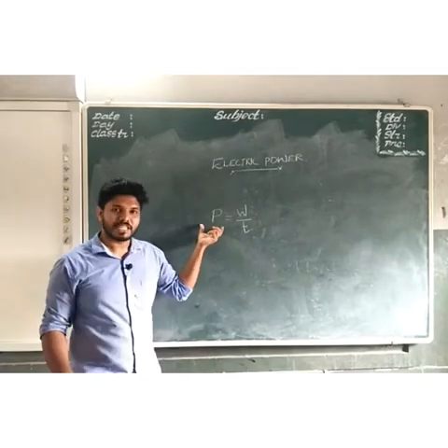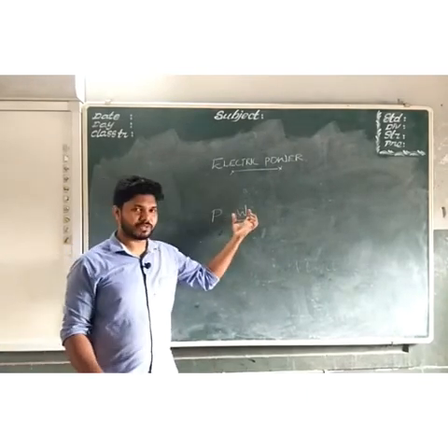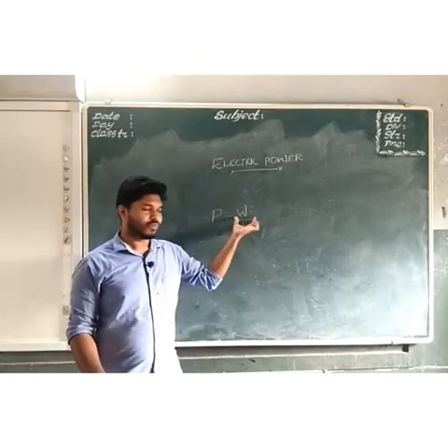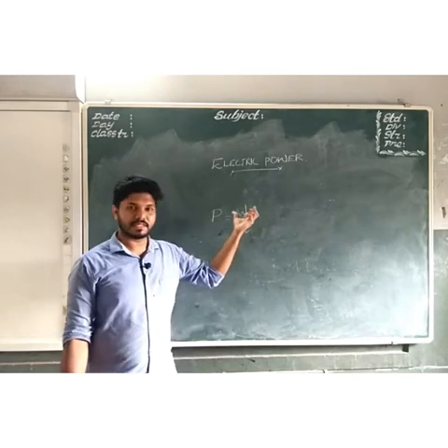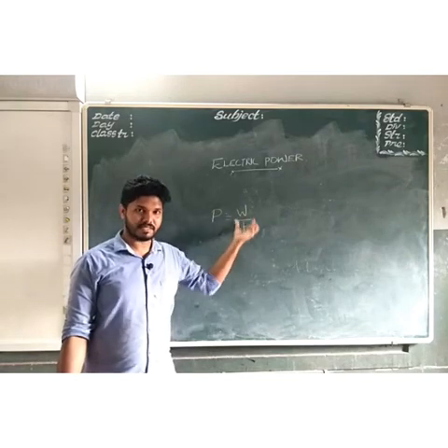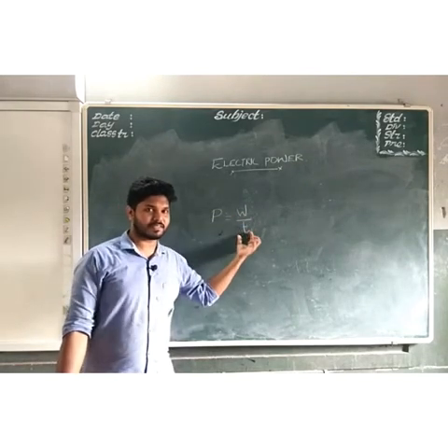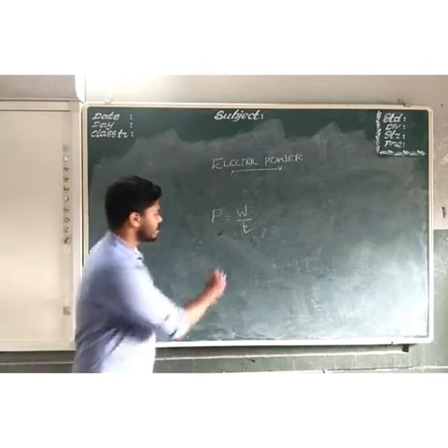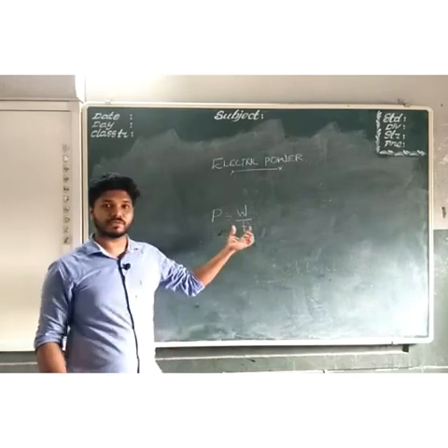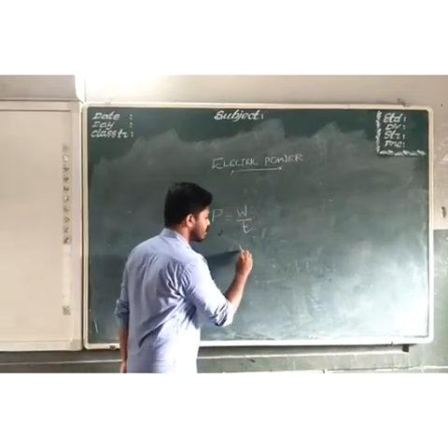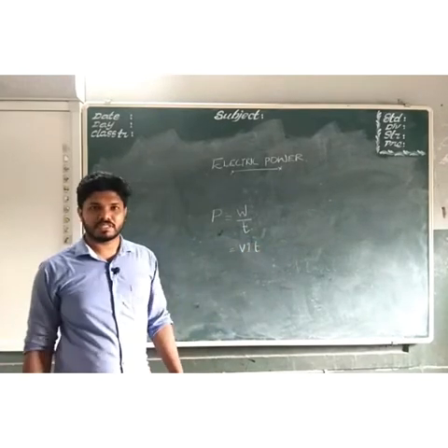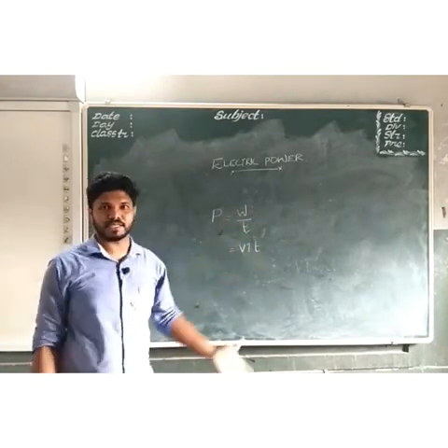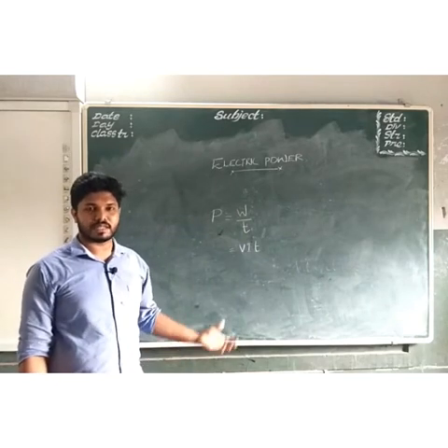See here, the equation for power is P equal to W by T, that is, the rate at which work is done or the rate at which electric energy is consumed. We know the equation for work, W equal to VIT. We studied different equations based on this work, VIT or I square RT.